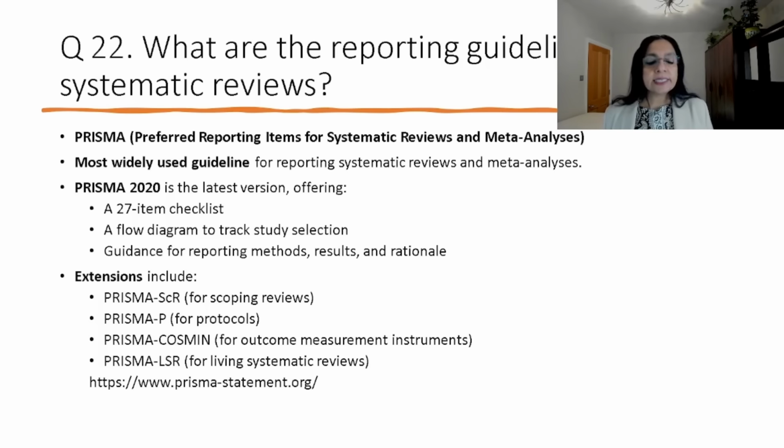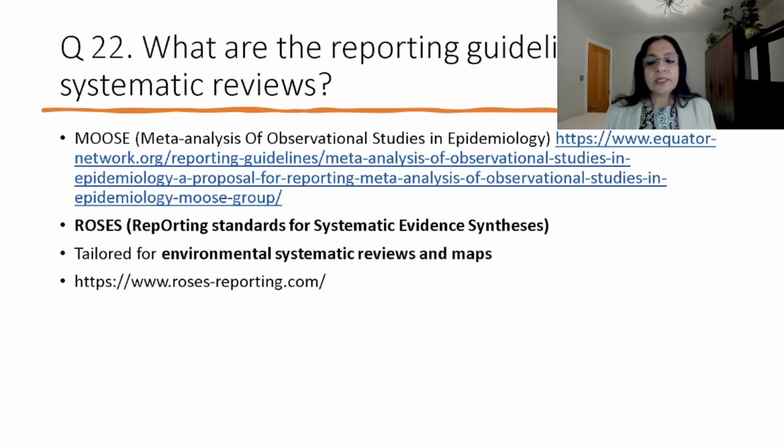There are several extensions for PRISMA, which include PRISMA for scoping reviews, PRISMA for protocols, PRISMA for outcome measurement instruments, and PRISMA for living systematic reviews. All these are available from the PRISMA statement web page. The second type of reporting standard is called MOOSE, meta-analysis of observational studies in epidemiology.